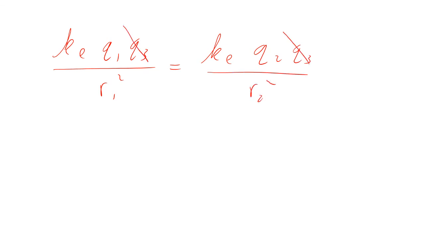Well, notice the Q3's cancel, the K sub E's cancel, so that means that Q2 is going to be equal to Q1 times R2 squared over R1 squared.